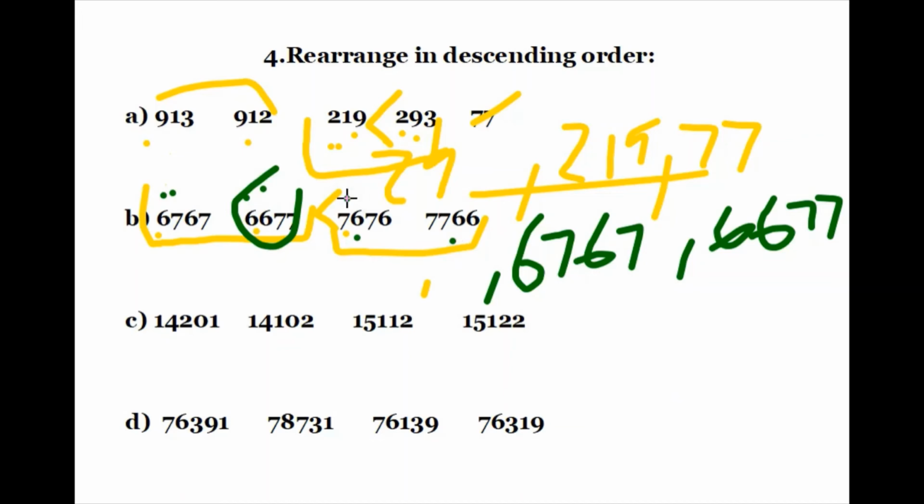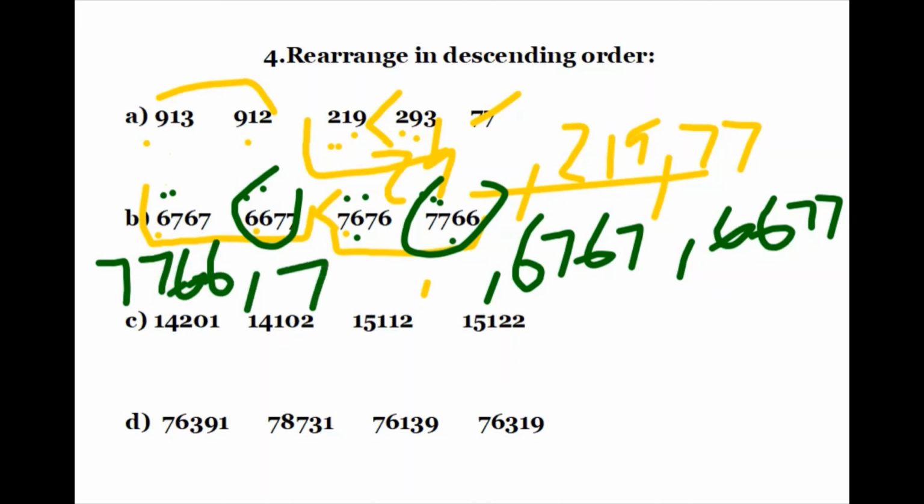So 7, 7, 6, and a 7. 6 is smaller than 7, which makes this number bigger, so it goes right there. This is the bigger number because descending order is from large to small, just like that.